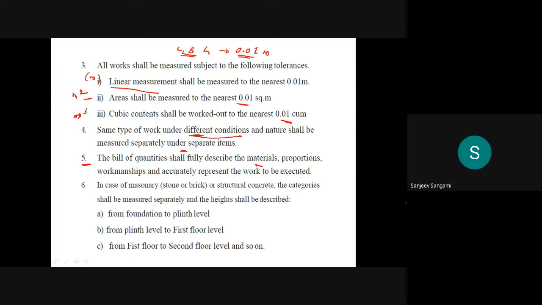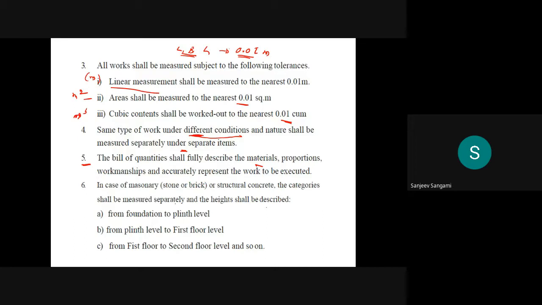Then in case of masonry or structural concrete, the category shall be measured separately and the height shall be described. Normally, yesterday we did that, but still, from foundation to plinth level, how much?